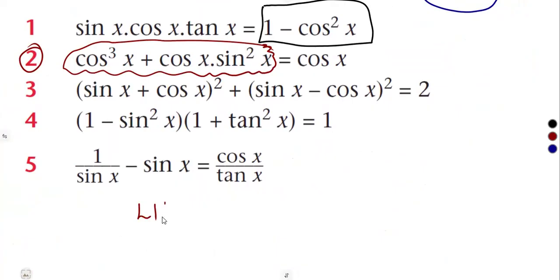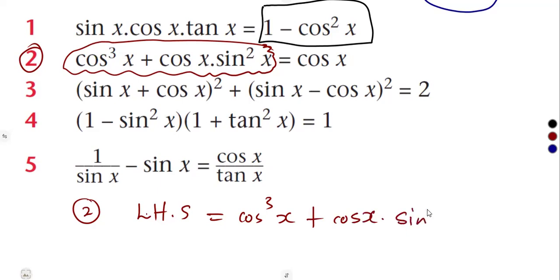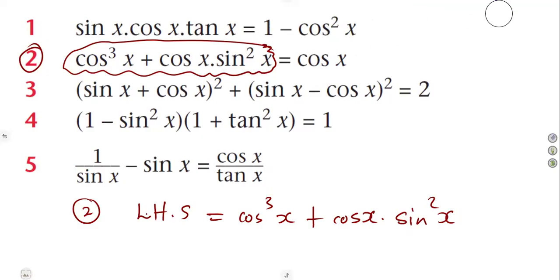So taking the left-hand side, because it is the most complicated side that we have there, it is equal to what? The cos cubed of x plus the cosine of x times the sine squared of x. So we are supposed to show that our answer is cos of x. In this simplification, our answer is supposed to be what? The cosine of x.